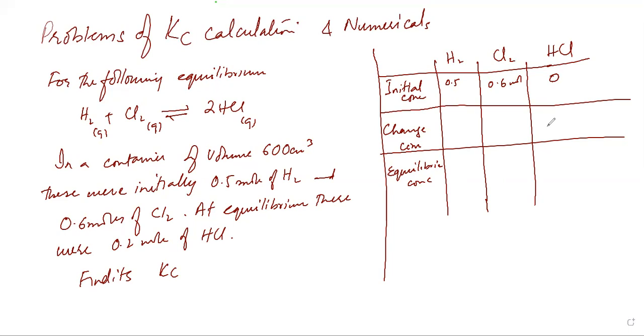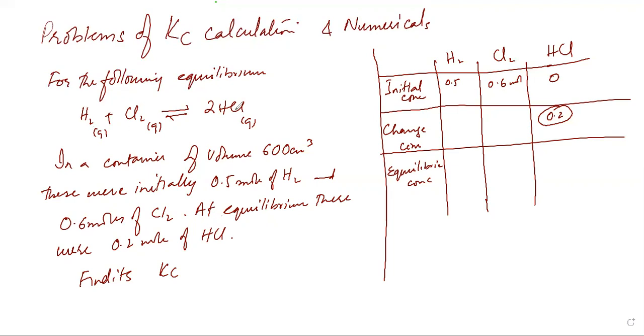The change is 0.2 moles of HCl. Now, if this is the change which is coming, so we have to look into the stoichiometric number, that what change will happen over here. पहले moles find करते हैं.